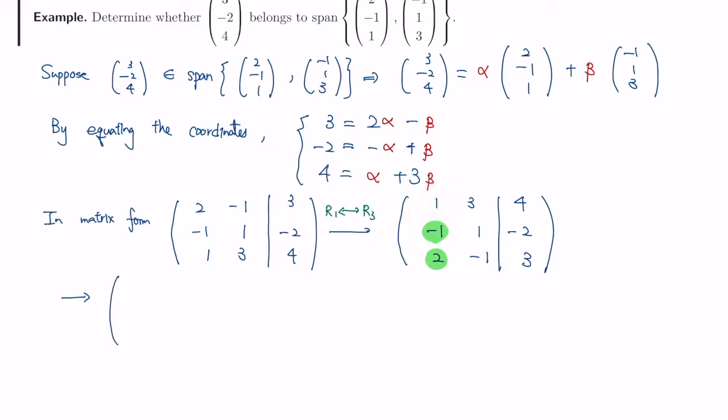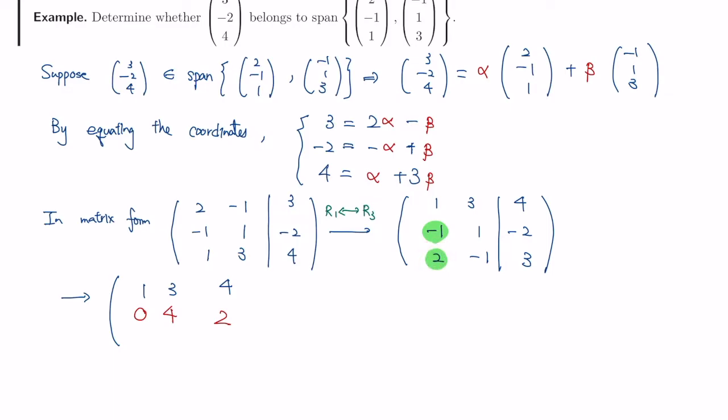So I get 1, 3, 4. Then 1 added to -1 is 0, and 3 added to 1 is 4, and 4 added to -2 gives you 2. How about this entry here? How do I kill that?